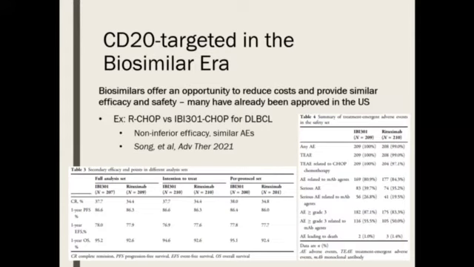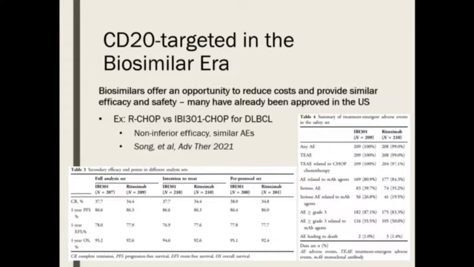Just segueing briefly, talking about the CD20 targeted agents in the biosimilar era. Biosimilars, of course, are not generics, but protein products that are considered biosimilar, bioequivalent. These are things that are now coming more prevalently in the treatment arenas. We do have biosimilars here at UW, and I just wanted to provide some evidence for why these products are useful.